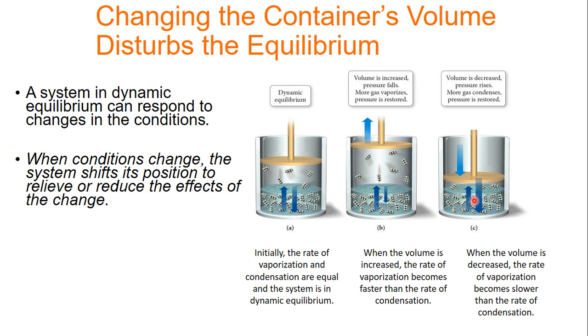While if you decrease the volume by closing in the piston, there's less volume for your gas to go. Therefore, they are more likely to hit the water, so your rate of condensation will increase until you eventually regain this dynamic equilibrium, and your vapor pressure will be the same as it was in A.